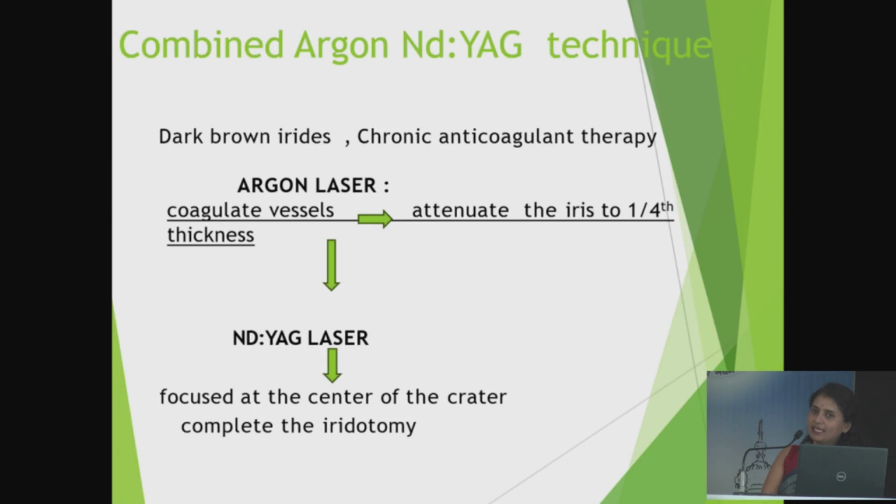Argon and Nd:YAG laser can be combined together. This technique is usually used in patients with dark brown irides or patients on chronic anticoagulant therapy, wherein the argon laser coagulates the vessels and attenuates the iris thickness to one-fourth of it. Then the Nd:YAG laser is used in the center of that argon laser spot to complete the iridotomy.